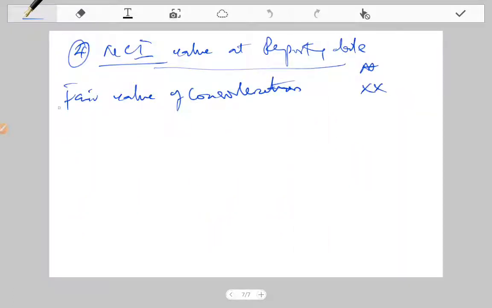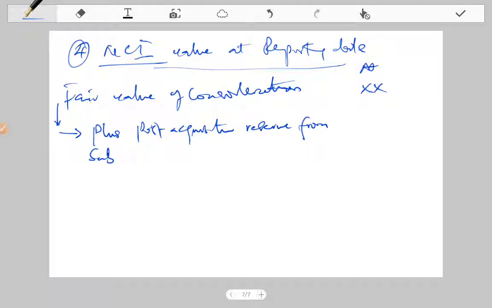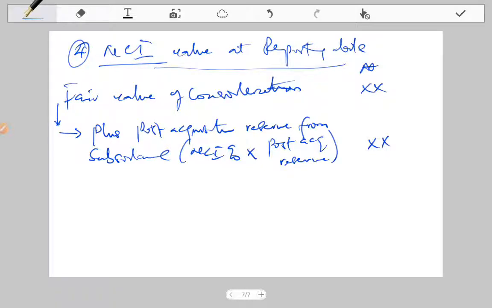Then you add everything that it has gained from the subsidiary, so we'll add the post acquisition reserve from the subsidiary. And how do we get the value? That will be the NCI percentage times the post acquisition reserve. That is what we have.